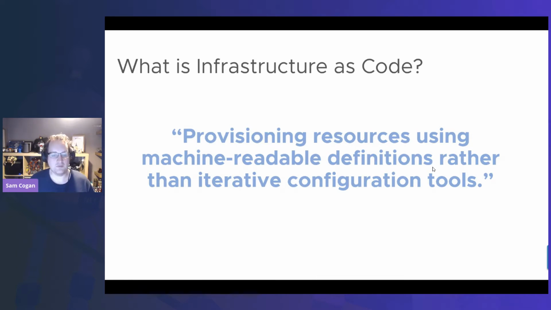Because in reality, any sort of provisioning of infrastructure using code of some sort could be considered infrastructure as code. Writing bash scripts, writing some PowerShell and those sort of things could be considered as a way of defining your infrastructure as code. But there's quite a specific meaning when we talk about this today, and in particular, when we talk about it with relation to the cloud.